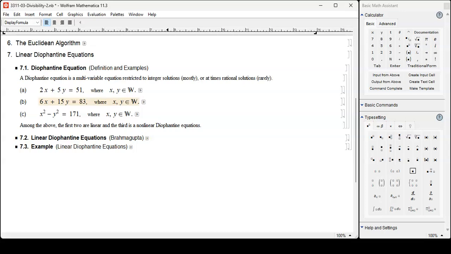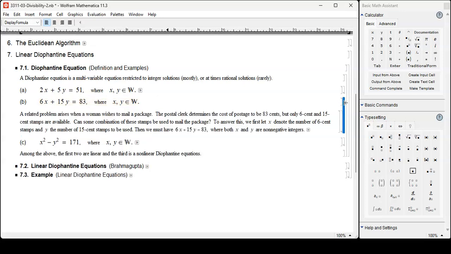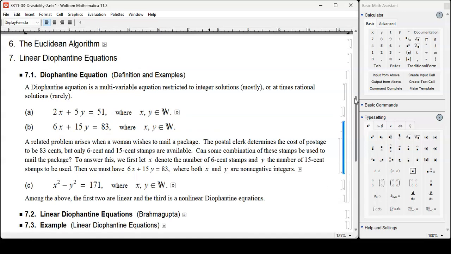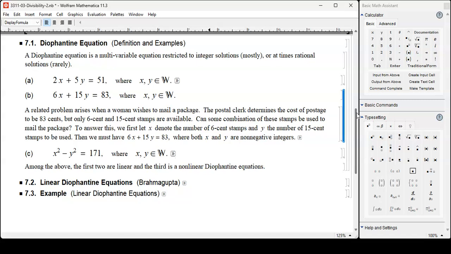Here's another problem. This time you cannot simplify, and this problem is associated to this. Again, I took it from our old textbook, to be precise. Stop the playback and read through.